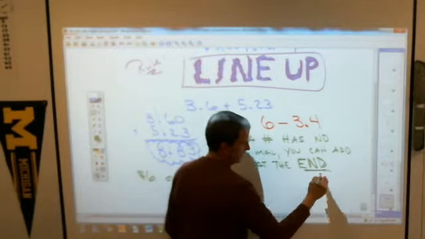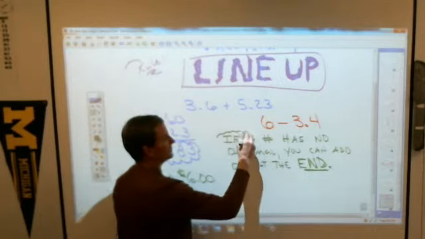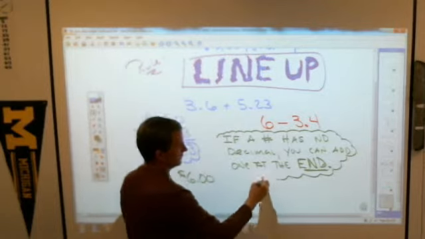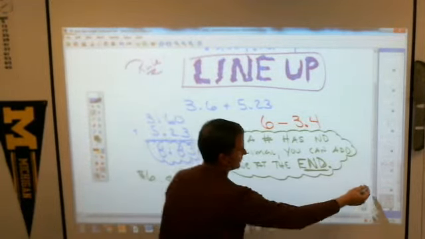Emphasis on end. And you can always put as many zeros after it as you need to make it work the way you want it. Nice thing about decimals. Give you a chance to write that.